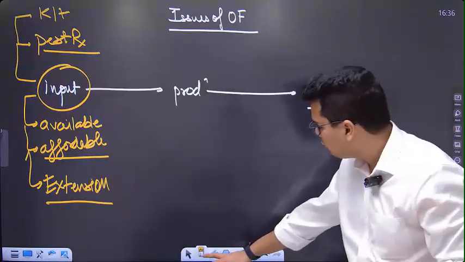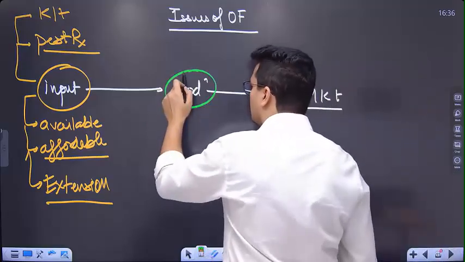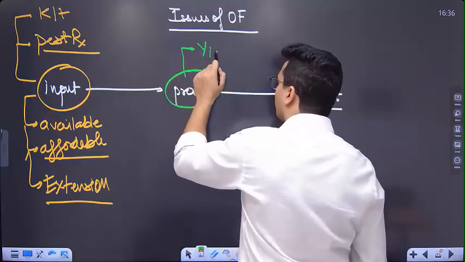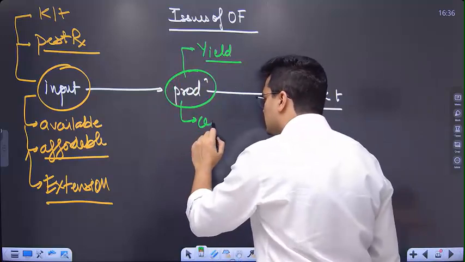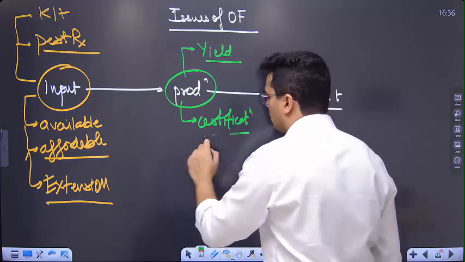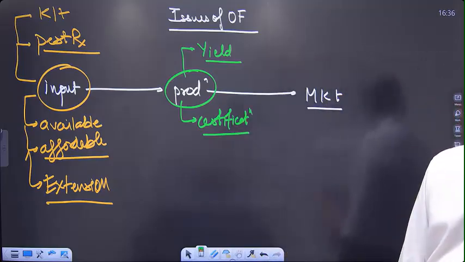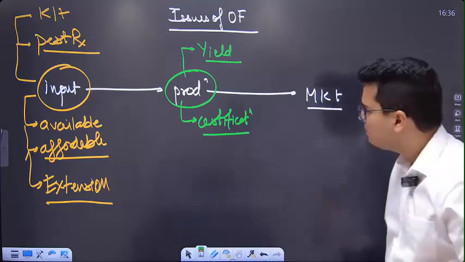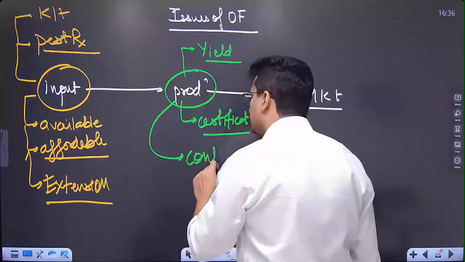Then when we come to production, a farmer will not adopt a system which does not guarantee a proper yield. Then of course there is a certification issue. What else? One major issue in certification and issue actually in production is contamination.